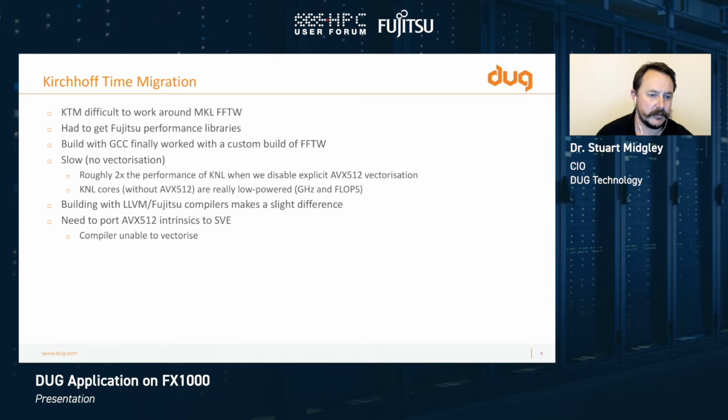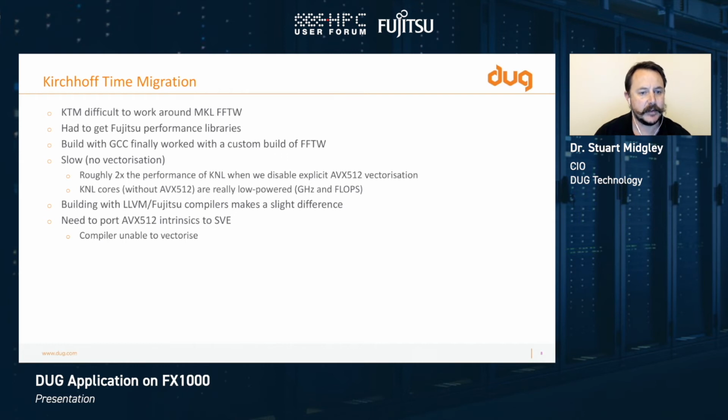This was put down to the fact that we weren't getting any vectorization. The KTM, we'd programmed it to use AVX512 intrinsics, and when we took those out and were left with simple loops, the compiler wasn't able to vectorize it. So I took the same code without AVX512 vectorization and built it on a KNL and ran that, and we saw that roughly the ARM CPUs were about twice the speed of a KNL, which was roughly in line with the gigahertz performance and the expected flops output of the KNL.